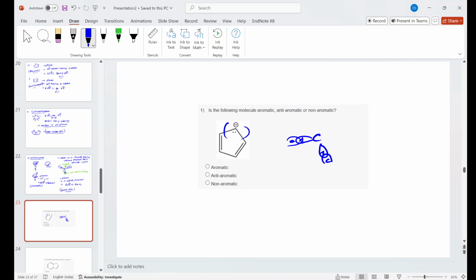Now you can see here it has another orbital where it has the negative charge, and one more orbital on the top and bottom where it has the extra charge. So it can be either a lone pair or the negative charge, and it can use this in the pi bond. So this is sp2 hybridized. Okay, this is not participating.